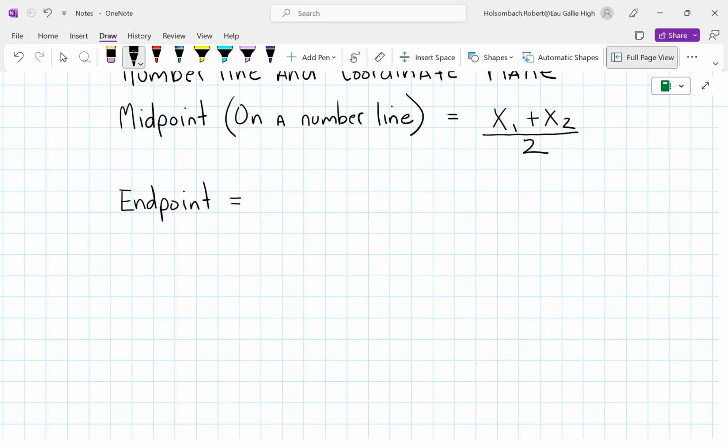So in order to find an endpoint, we're going to say that your x at the middle is equal to your x sub 1 plus your x sub 2 divided by 2.